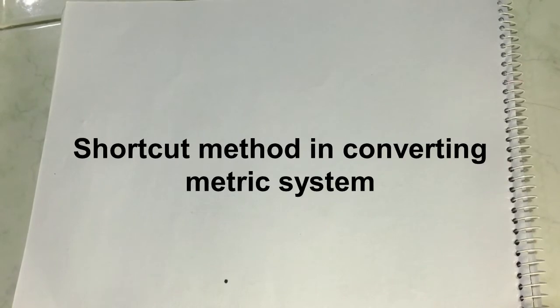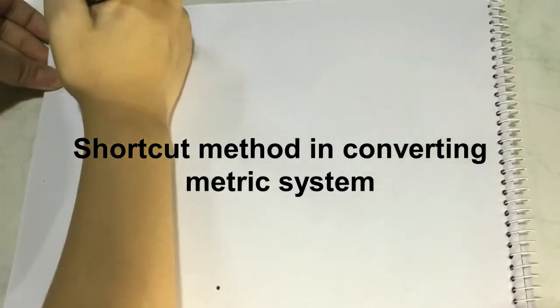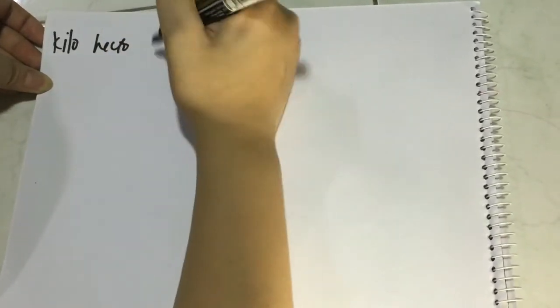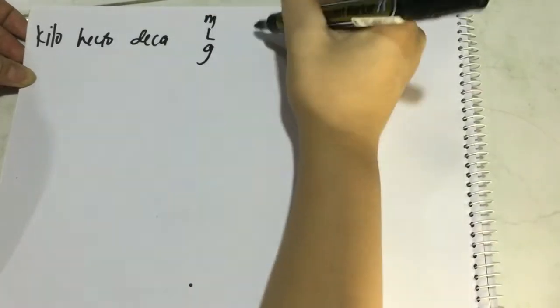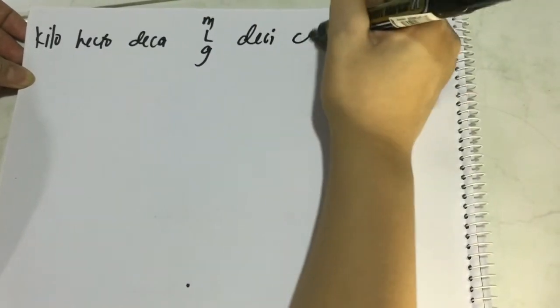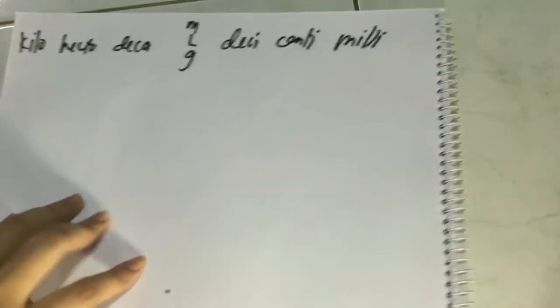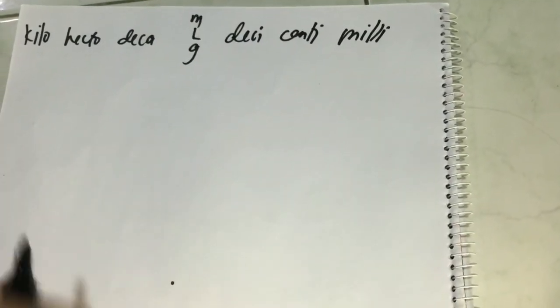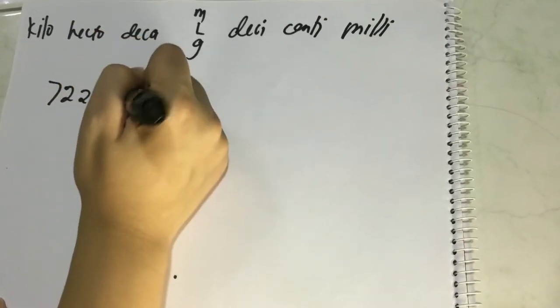Now, there is a shortcut method in converting within the metric system. First, you have to take note: kilo, hecto, deca, meter, liter, or gram, then deci, centi, and milli. For example, like the sample earlier, 7,225 centimeters.